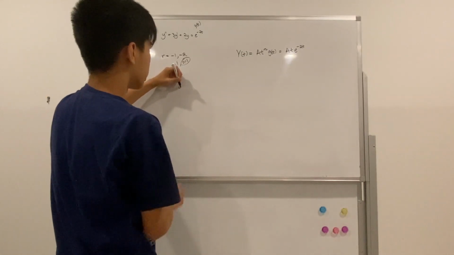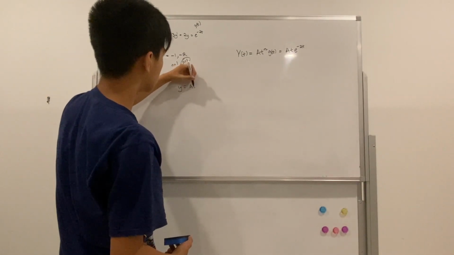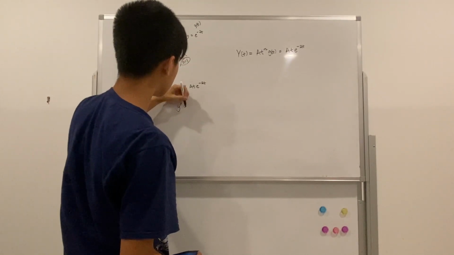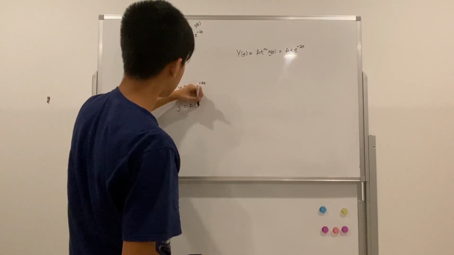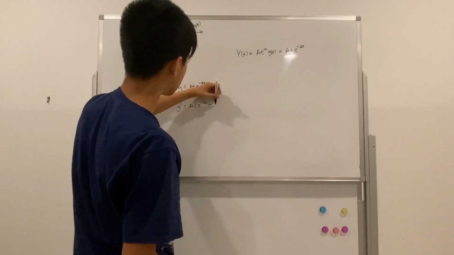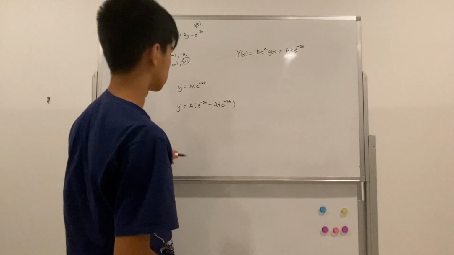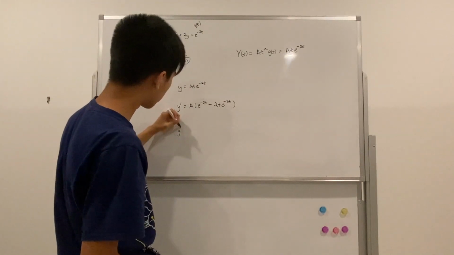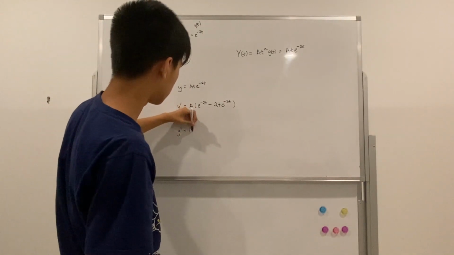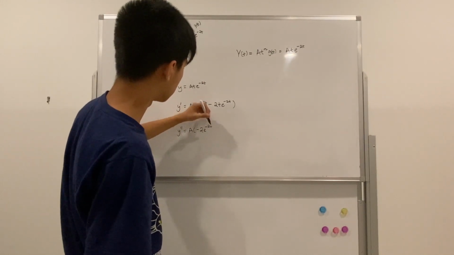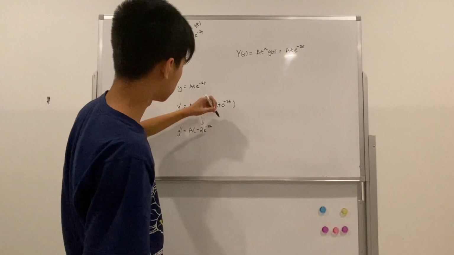So y is obviously A t e to the -2t, so y prime would be A e to the -2t minus 2t e to the -2t. That's just our product rule. And then y double prime would be A times -2 e to the -2t for this term.